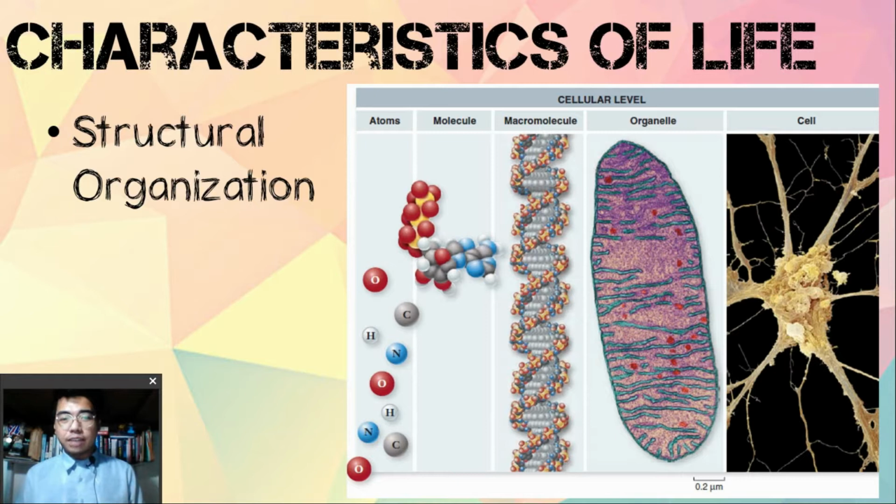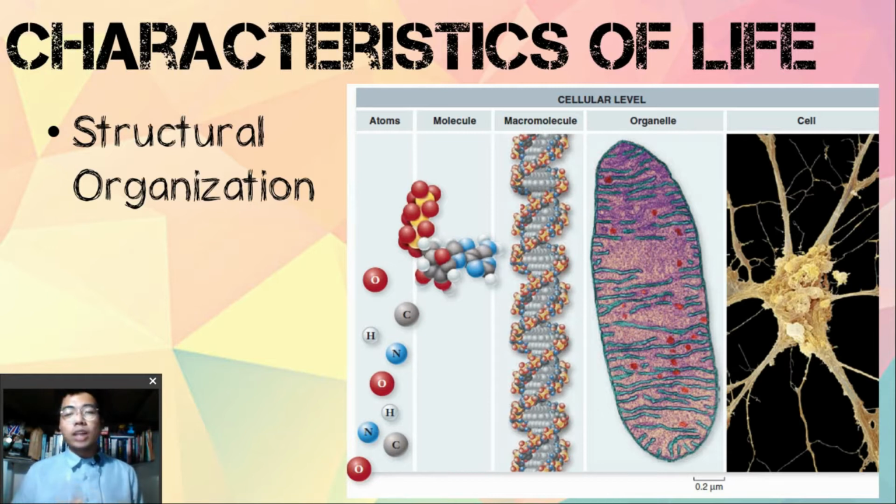The first level of structural organization is known as the cellular level. The cellular level is divided into atoms, then the collection of atoms will create the molecules, then the collection of molecules will create the macromolecules. Once these macromolecules are used for the proliferation of life, they will be formed as the biomolecules.